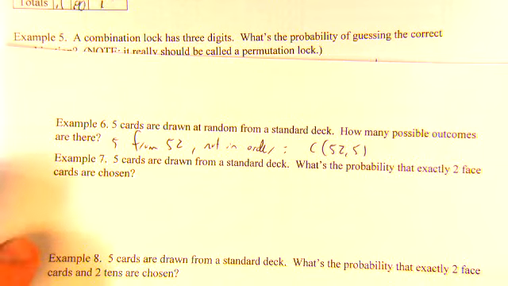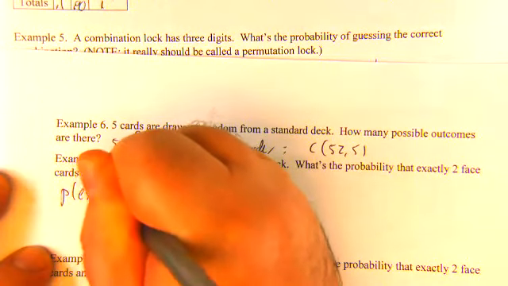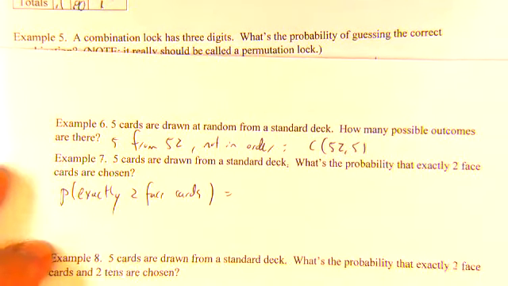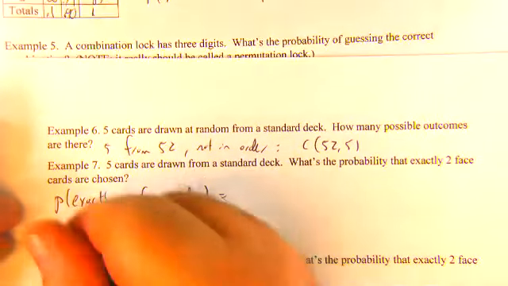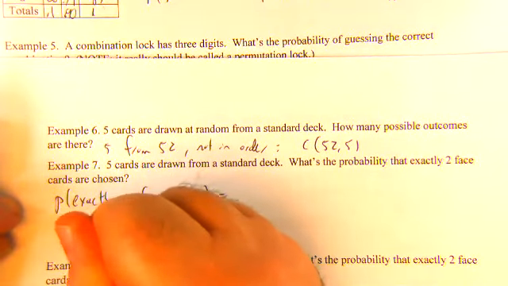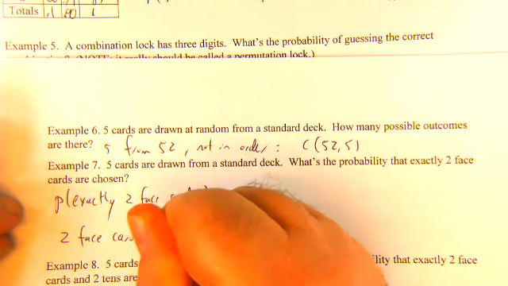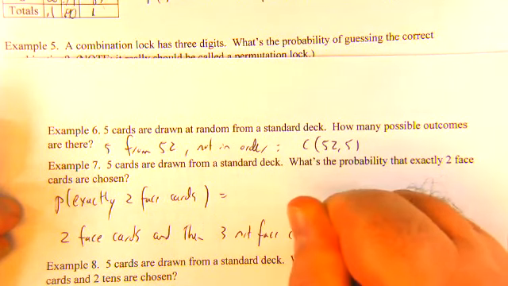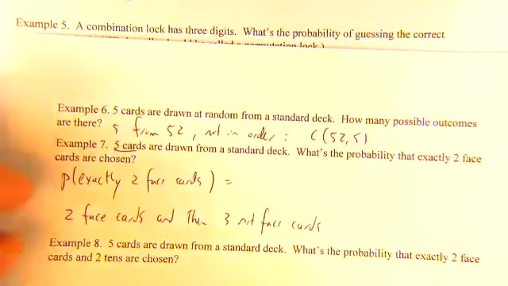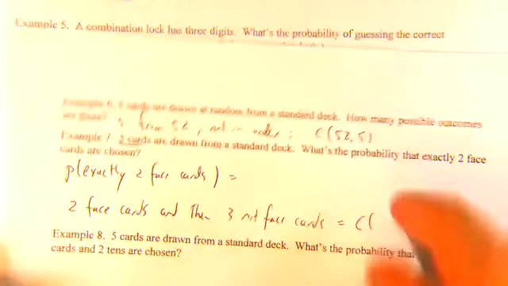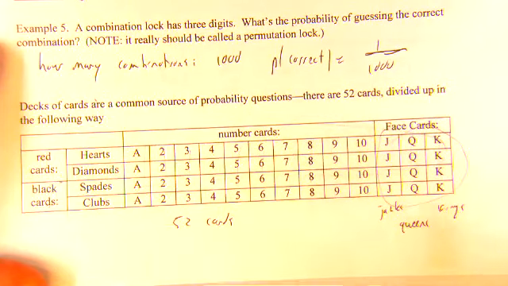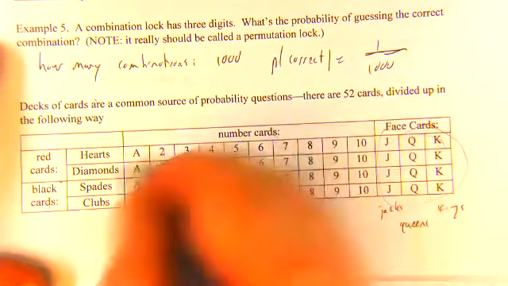So what's the probability of exactly 2 face cards, if I draw 5 cards in total? Well, what I need is 2 face cards, and then I have to choose 3 not face cards, because I'm thinking about 5 cards total. If exactly 2 are face cards, the other 3 have to be not face cards. How many ways are there to pick that? Well, in a deck of cards there are 12 face cards and 40 non-face cards.